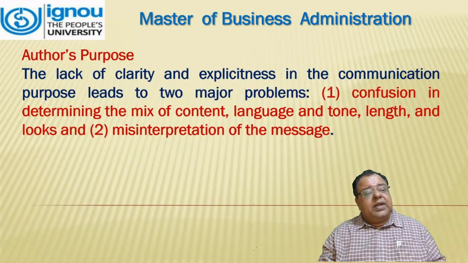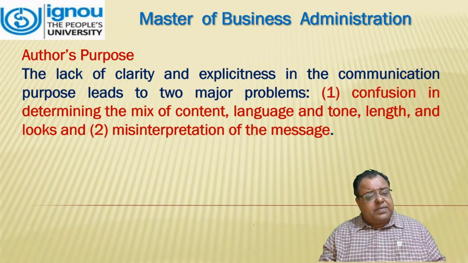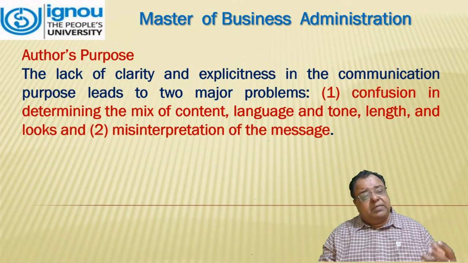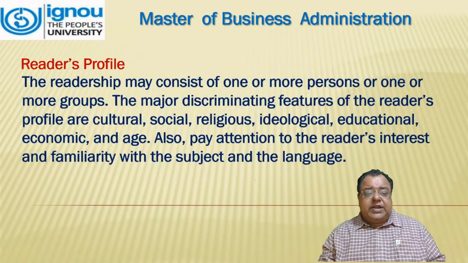Author's purpose. The lack of clarity and explicitness in the communication purpose leads to two major problems. First, confusion in determining the mix of content, language and tone, length and looks, and second, the misinterpretation of the message. Reader's profile.